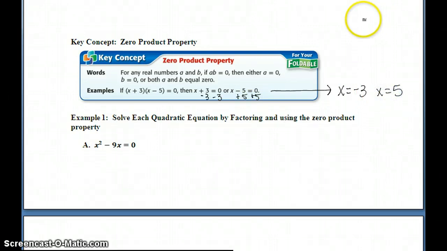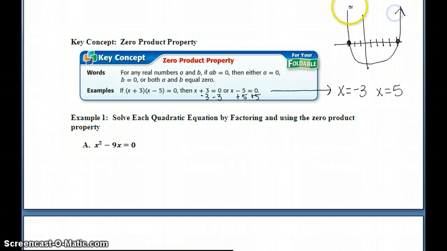If this were a parabola, which I know it is because it's a quadratic, then I would have roots, x-intercepts, or zeros at -3 and +5. So I could draw a parabola with those 2 roots, or x-intercepts, or solutions.